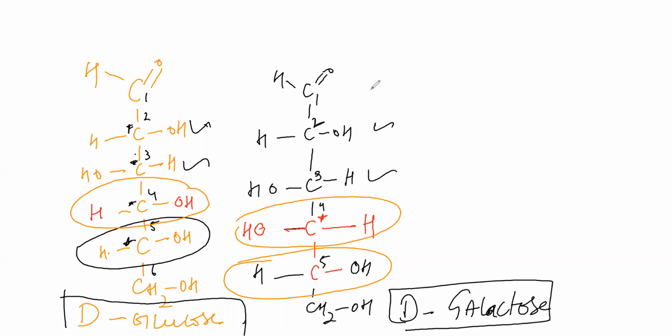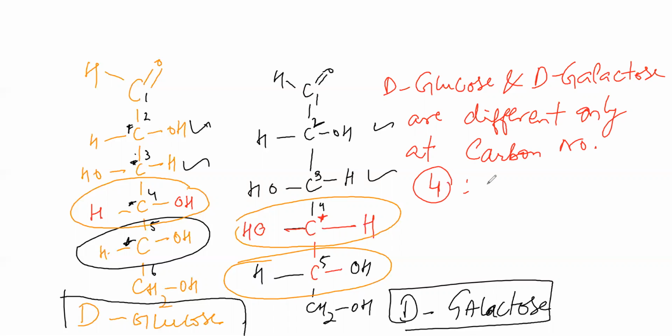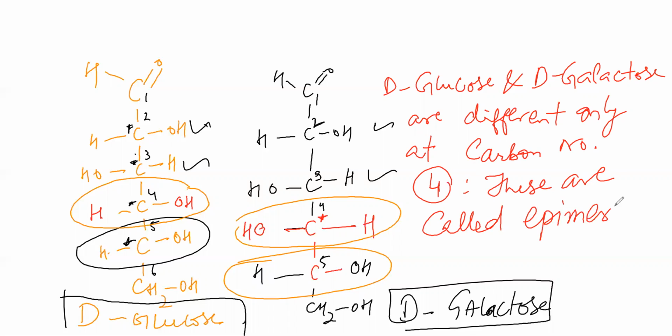So that means D-glucose and D-galactose are different only at carbon number 4, and hence these are called epimers.